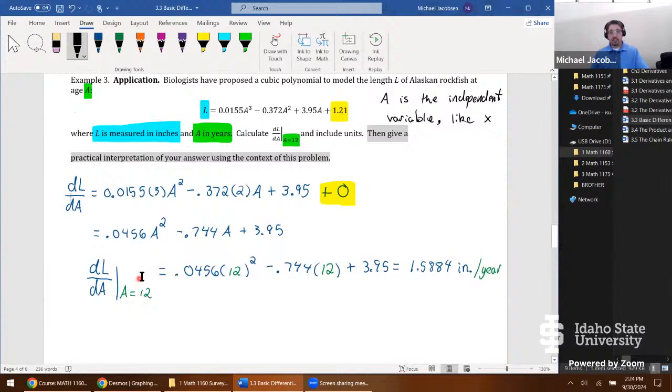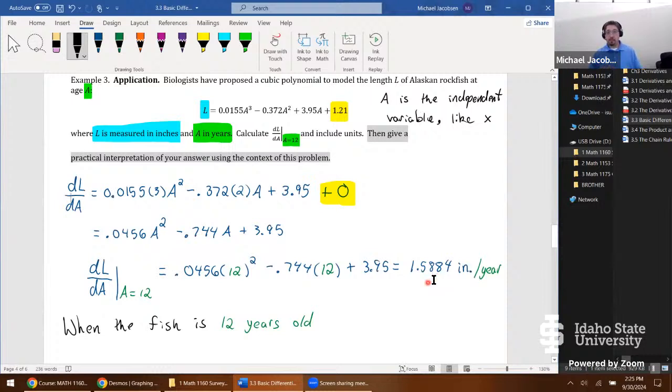Let's start with the age. When the fish is, let's mention the time, 12 years old, we get this number.